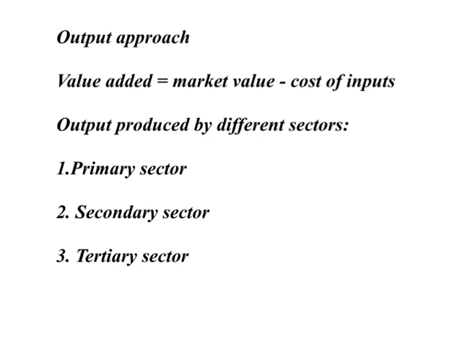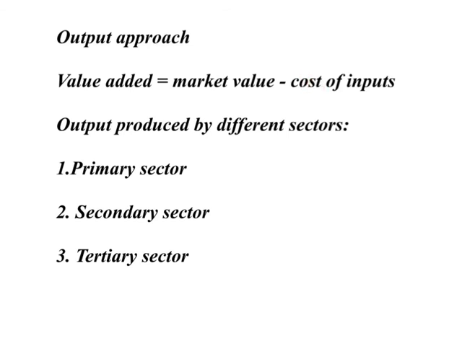Now let us examine the third approach to measurement of GDP, and this is through output. And what we do is we try to find out output produced by different sectors of the economy. And the concept we use here is value added, which you might remember is the difference between market value and cost of inputs.